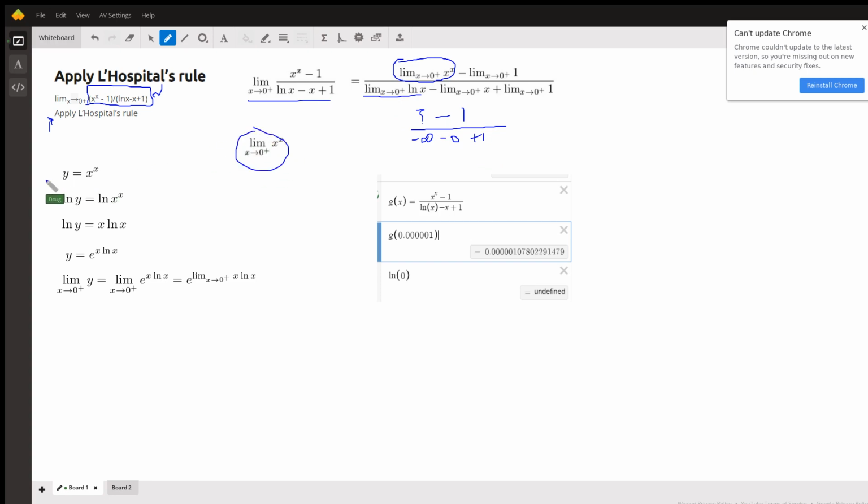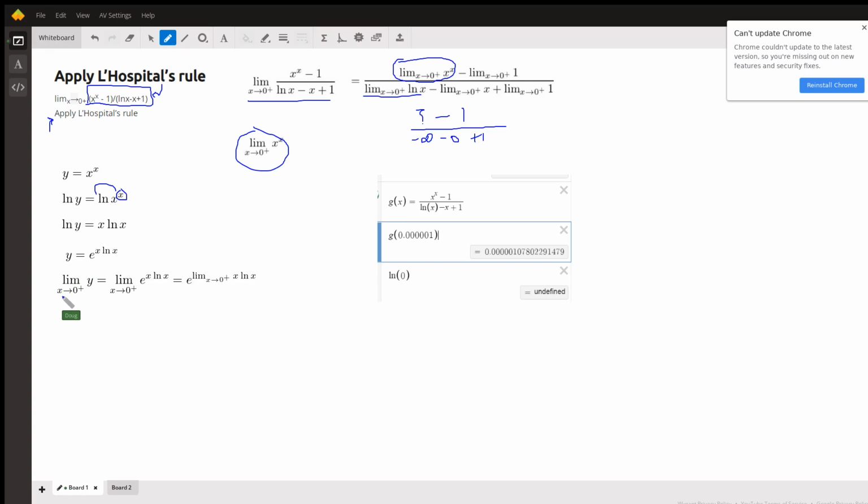So that's using the technique of taking the natural log of both sides. And using properties of logarithms, I can move this exponent down front. Power property of logarithms. It's easier to see this if we rewrite this in exponential form. So y actually equals e to the x ln of x.